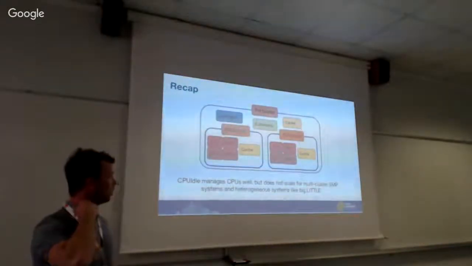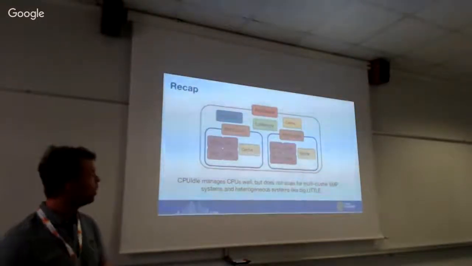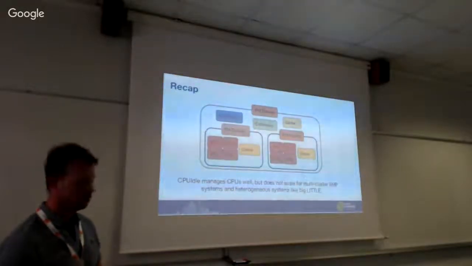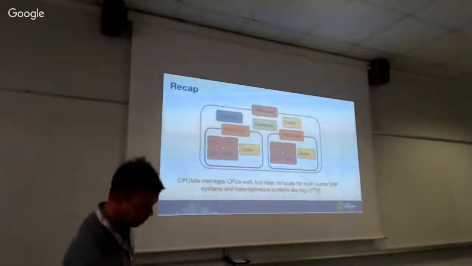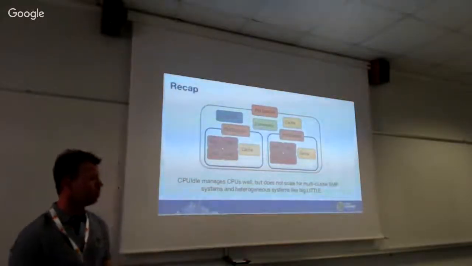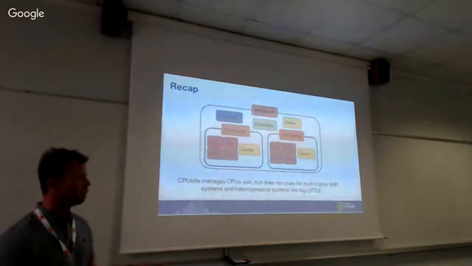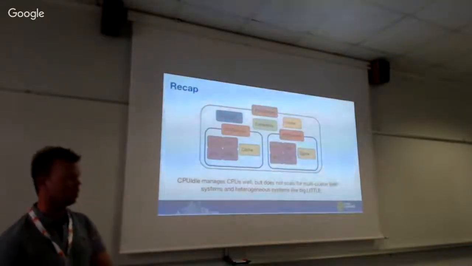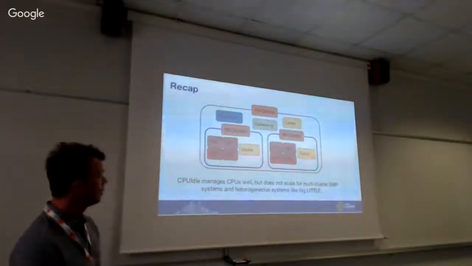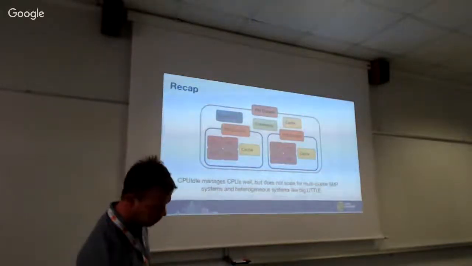So we have different domains and caches that we want to manage in full manner. And there are clusters of CPUs and all this kind of stuff. And we have seen that the CPU idle that is managing CPUs today is doing a good job of idling the CPUs in that sense. But dealing with sharing the devices within this kind of cluster, that's a different thing.